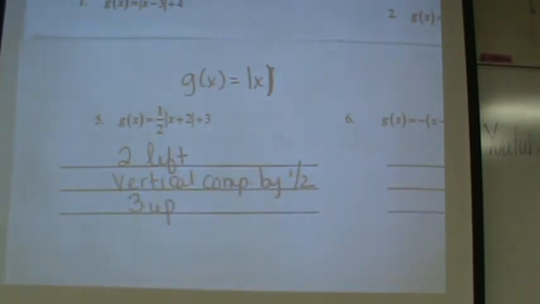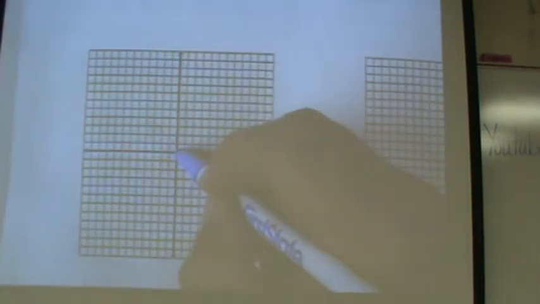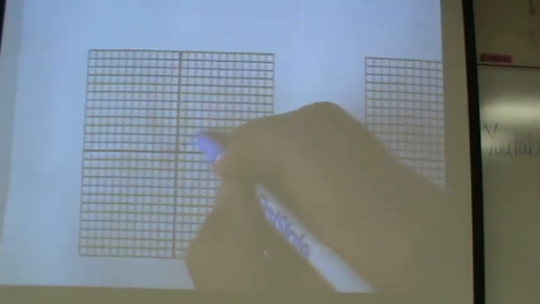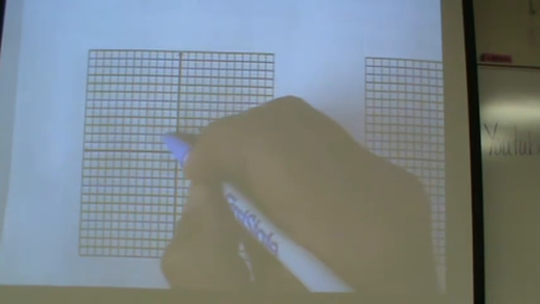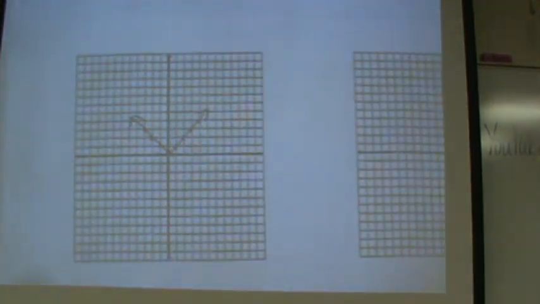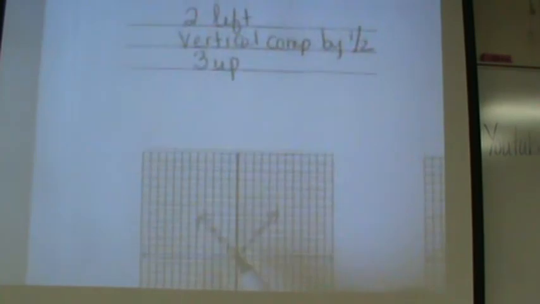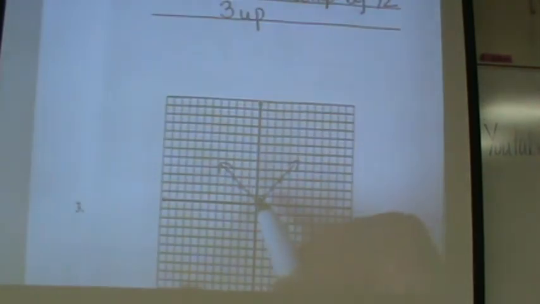Okay. So if you think about your vertex was right here. This is what the parent function looked like. If you move your graph 2 units, each of these points, 2 units left and 3 up.